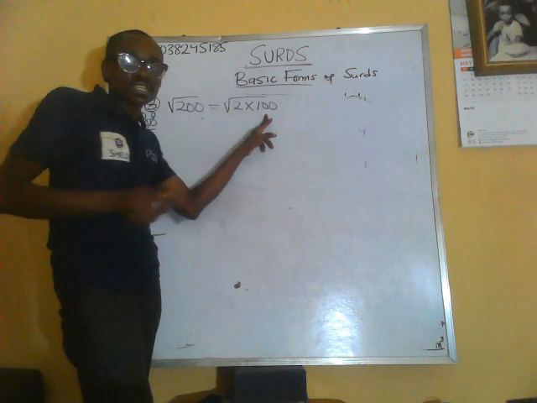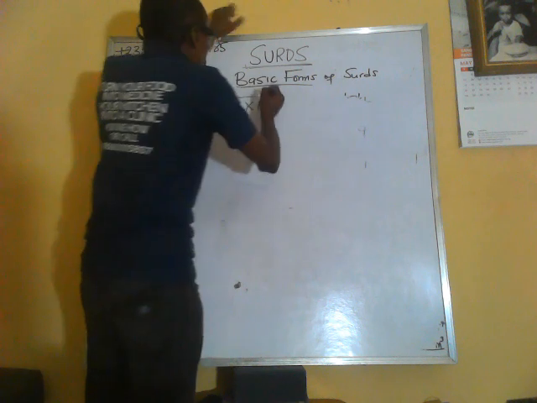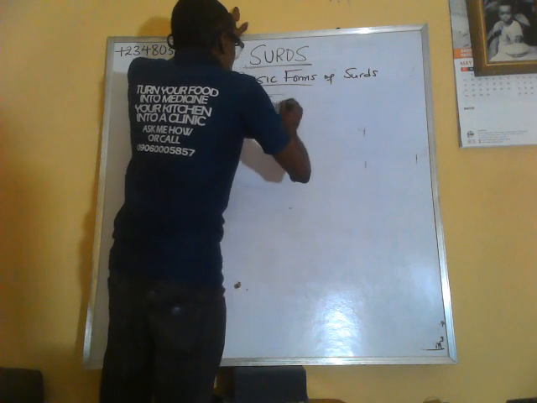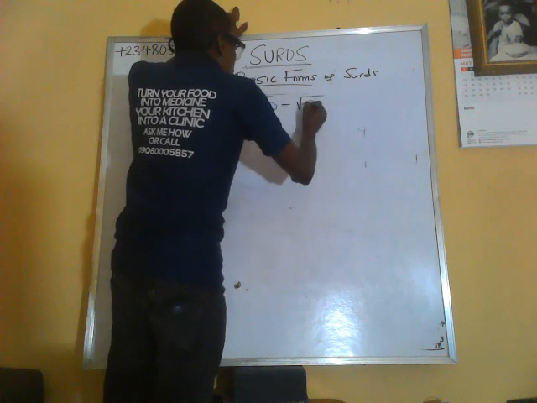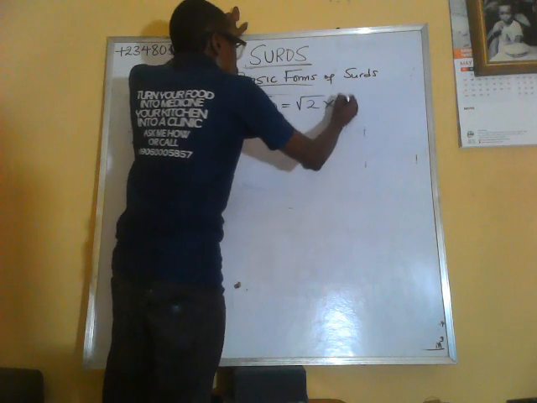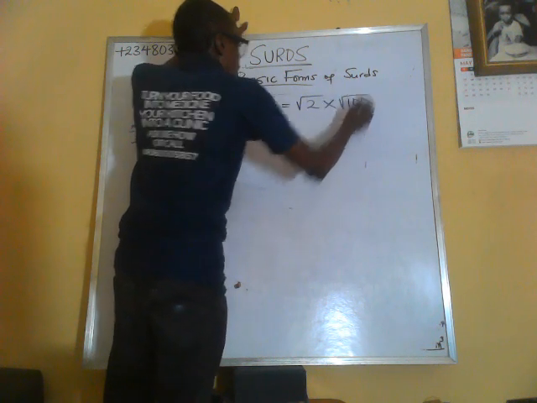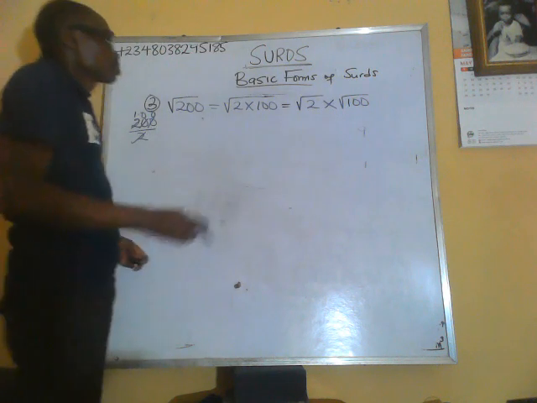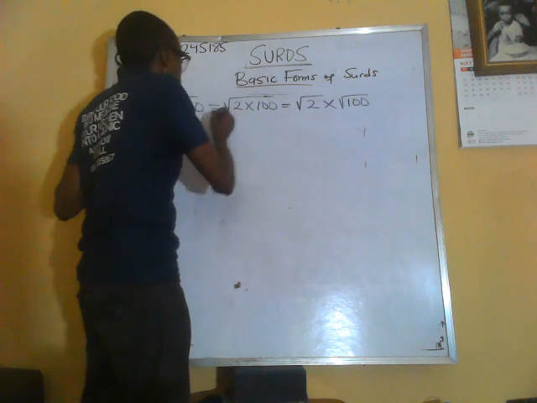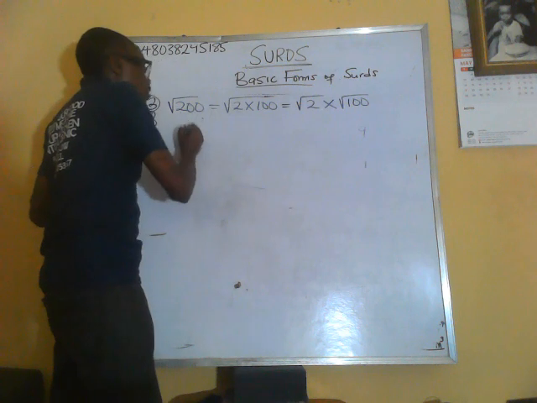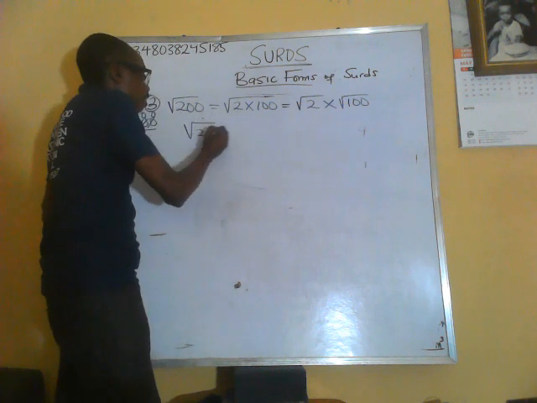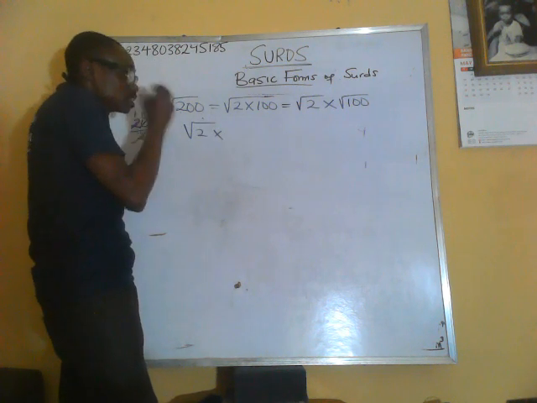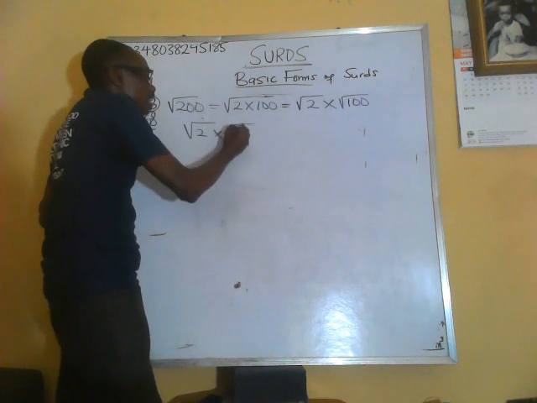So we know 100 is 10 times 10. So we split it down into root 2 times root 100. Root 100 is 10 times 10.